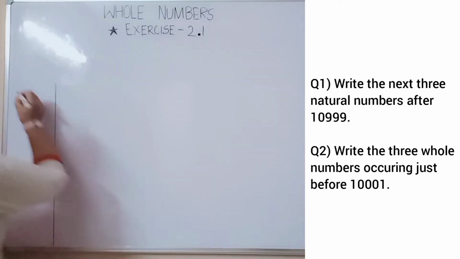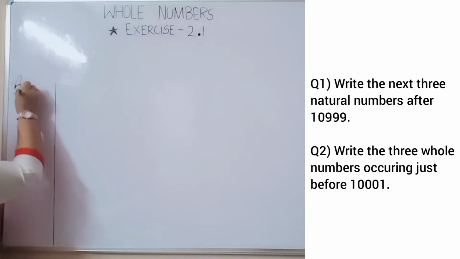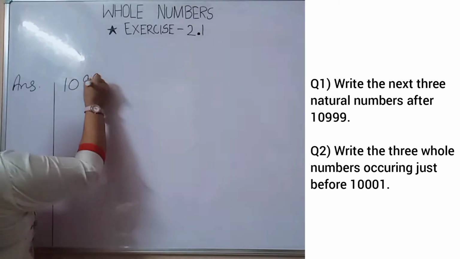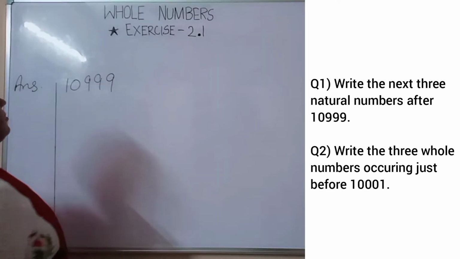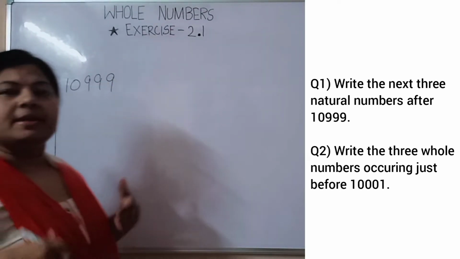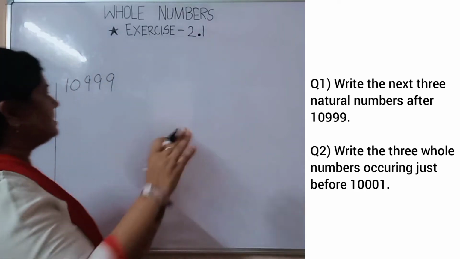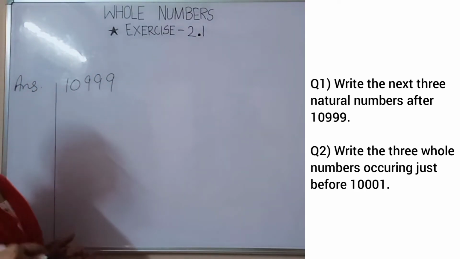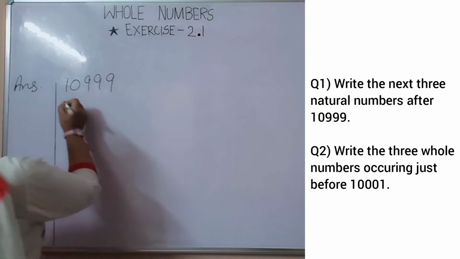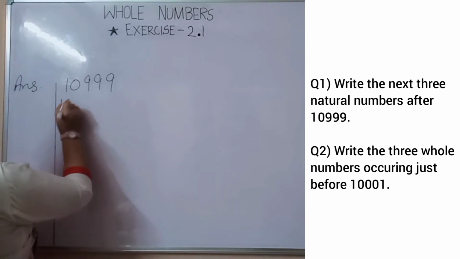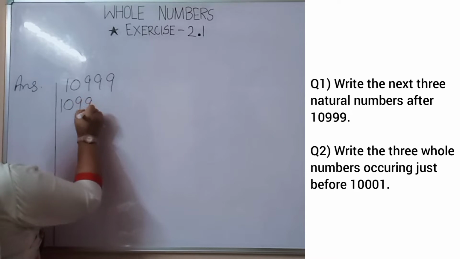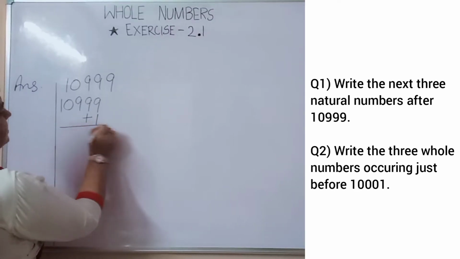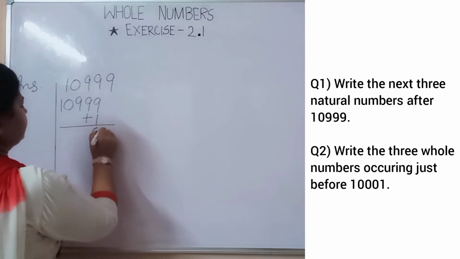So 10,999. We have to find out the next three numbers. Next means agla, and to find out the next number we have to add 1. So the first step is we have to add 1 to get the next number.